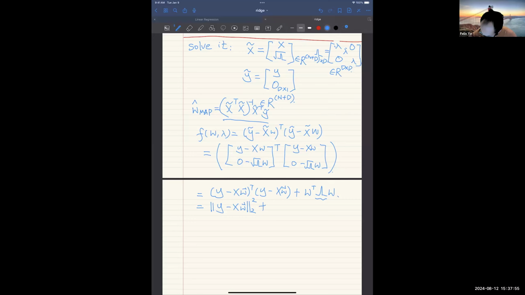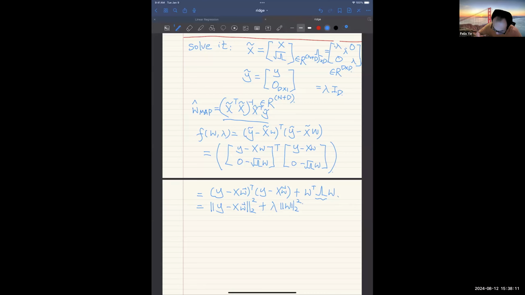We can actually factor out, this is lambda times the identity of D. So this is lambda times w transpose w, which is just the squared 2-norm of w.